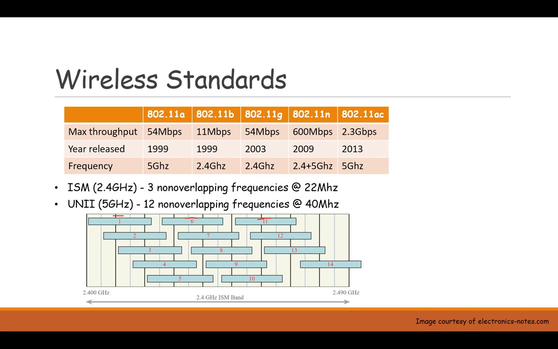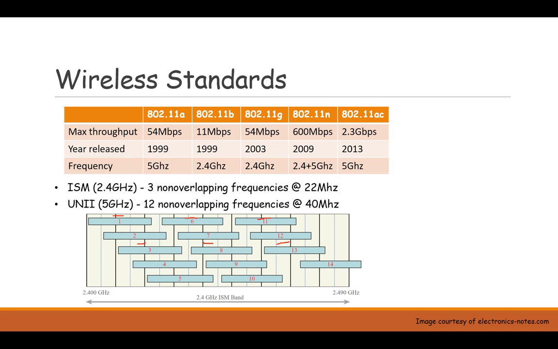Of course, you can use 2, 7, and 12, or 3, 8, and 13, and it looks like those don't overlap. But because the usage of 1, 6, and 11 is so ubiquitous, it's recommended that you use those so you're not overlapping with everyone around you who may be broadcasting as well, and this will provide the best wireless signal that you can get.